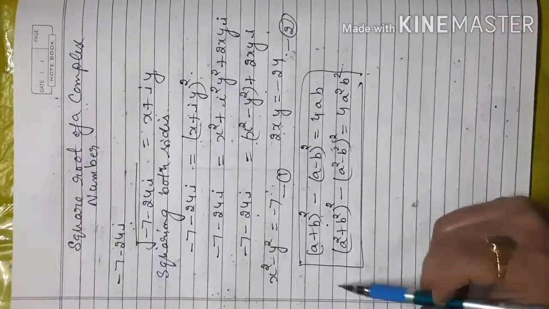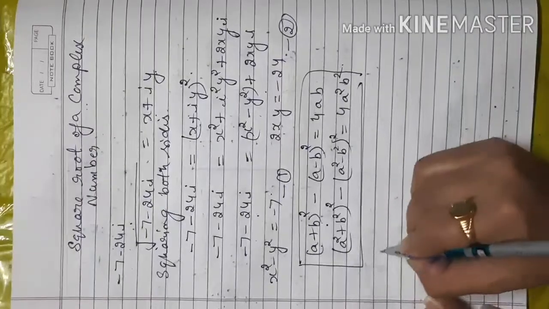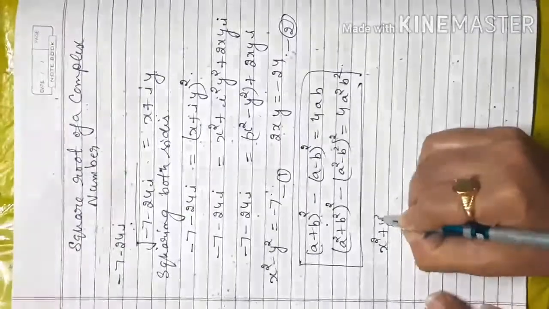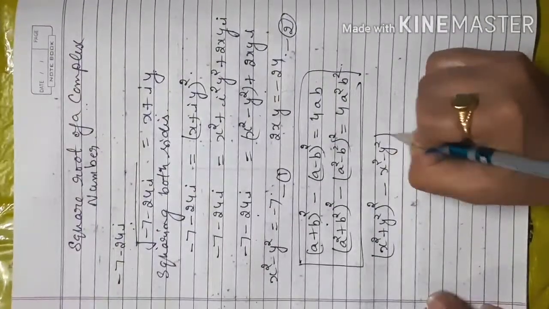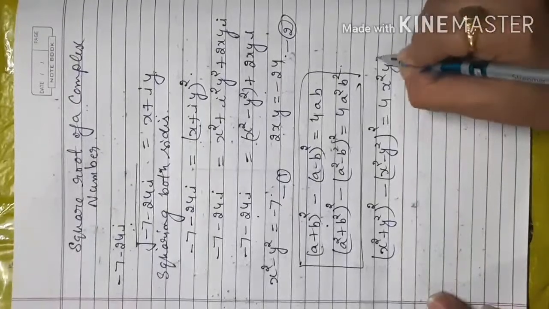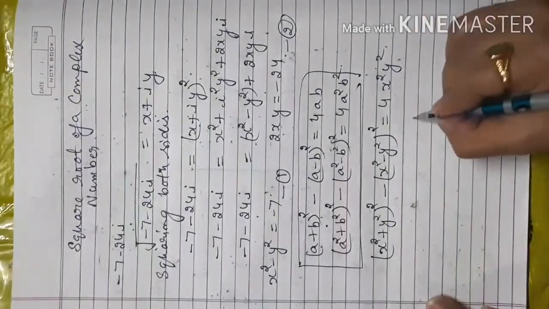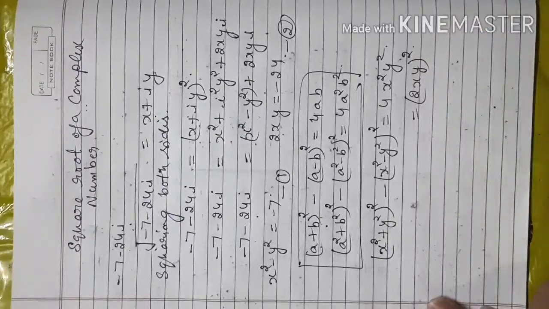First I try to find the value of x square plus y square. According to this formula, my terms will be (x square plus y square) whole square minus (x square minus y square) whole square is equal to 4x square y square. I can write this as (2xy) whole square, which will be easier for me.